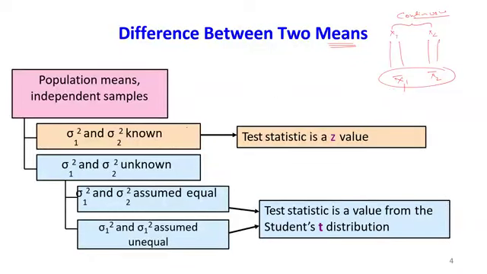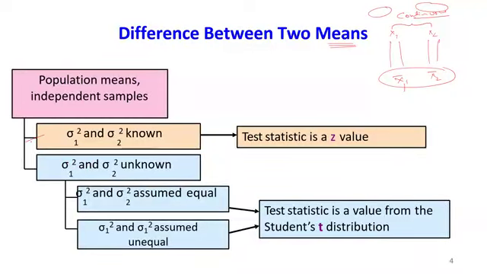Now there are multiple scenarios for this. If we have the information about the population standard deviation or the population variances, then that is one scenario. If the population variances are unknown to us, then that is a different scenario. In that again, there are two sub-scenarios.